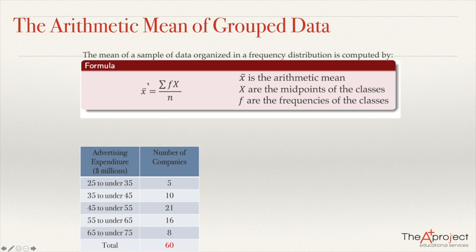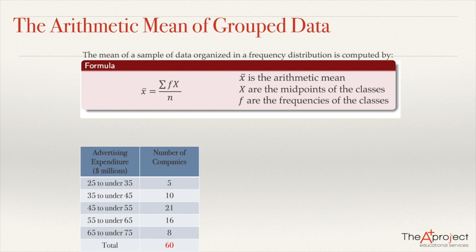So this is the formula. If the data is organized in a frequency distribution, we will be using the formula like this. The mean will be the sum of the frequencies times the midpoint of the classes.